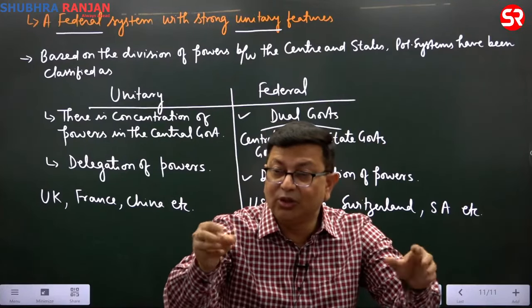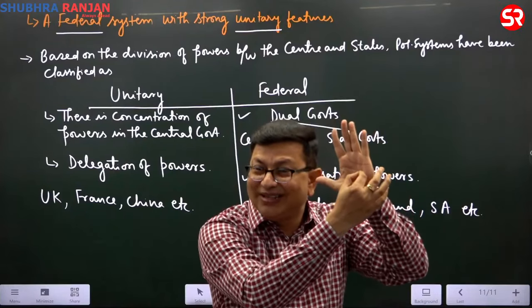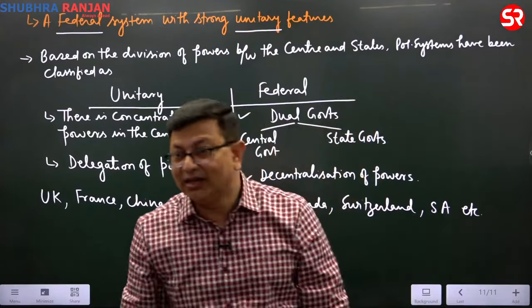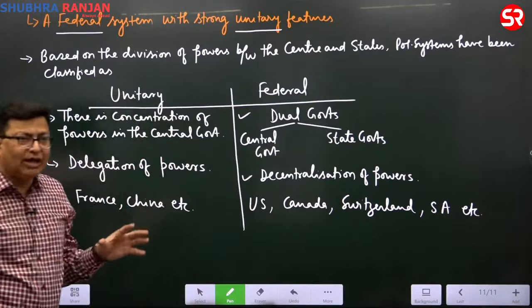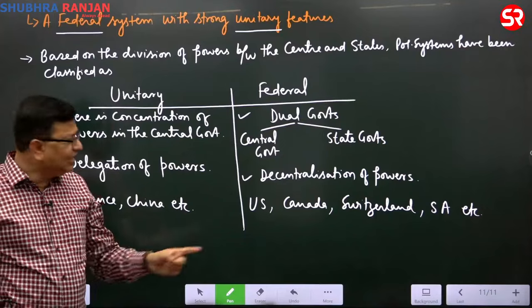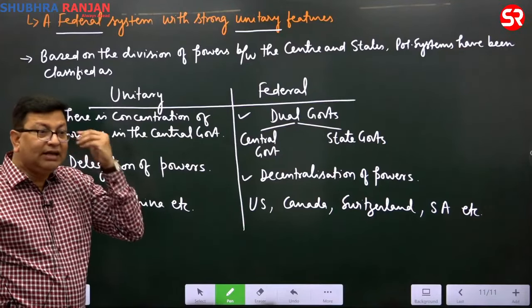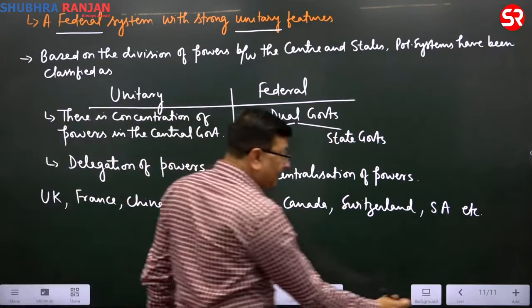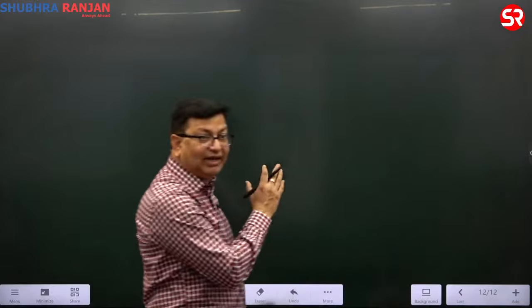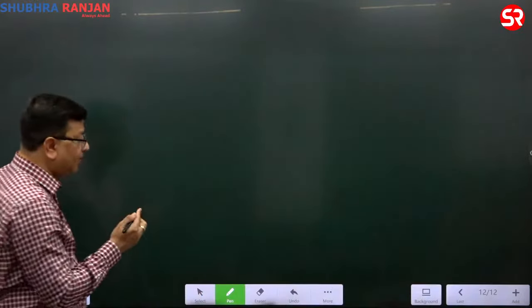Powers will be given to you also. Powers of the union government, powers of the state government. This is, we can say, the federal system. Now, when we talk about India, here I have not written India. Now, what is the nature of the Indian state? So, this was the basic thing that we needed to know. What is the federal system? What is the unitary system?